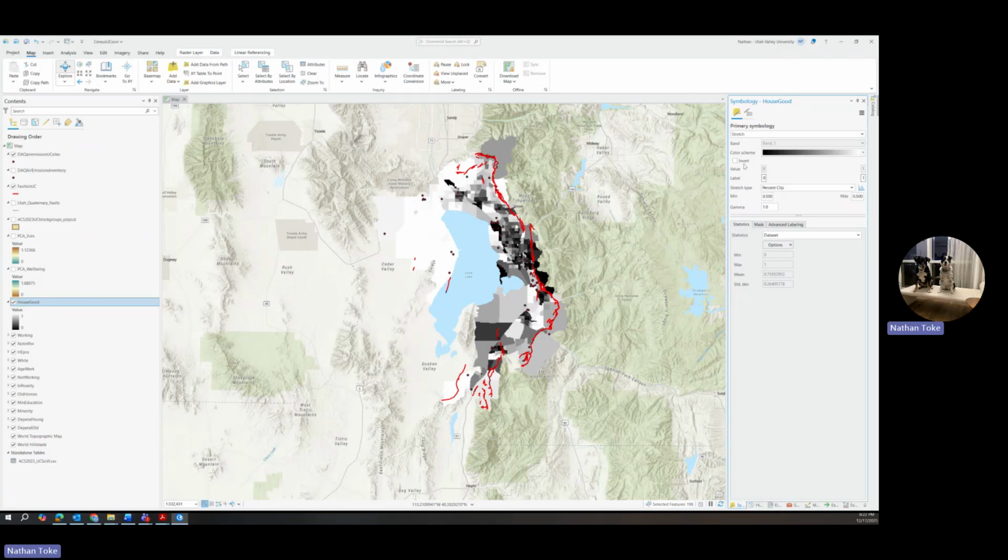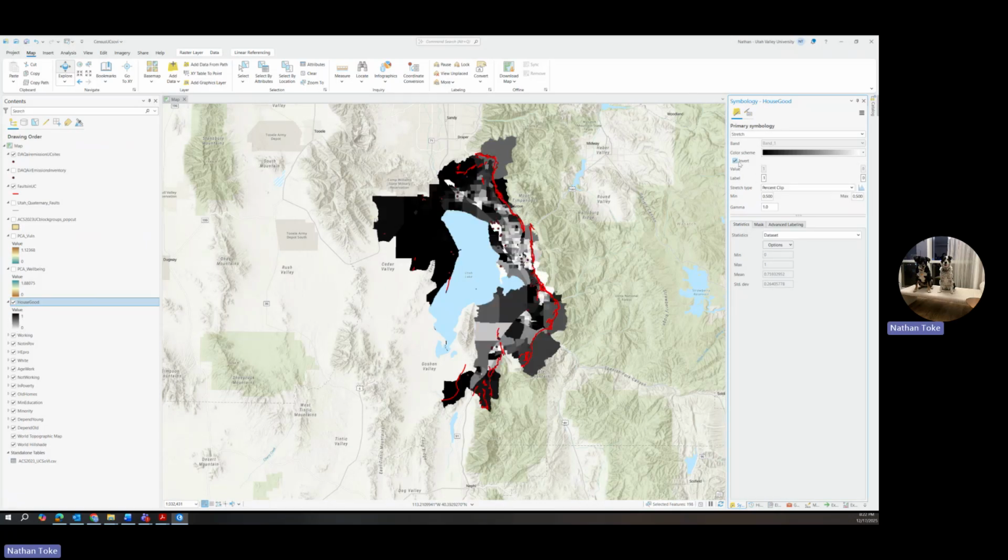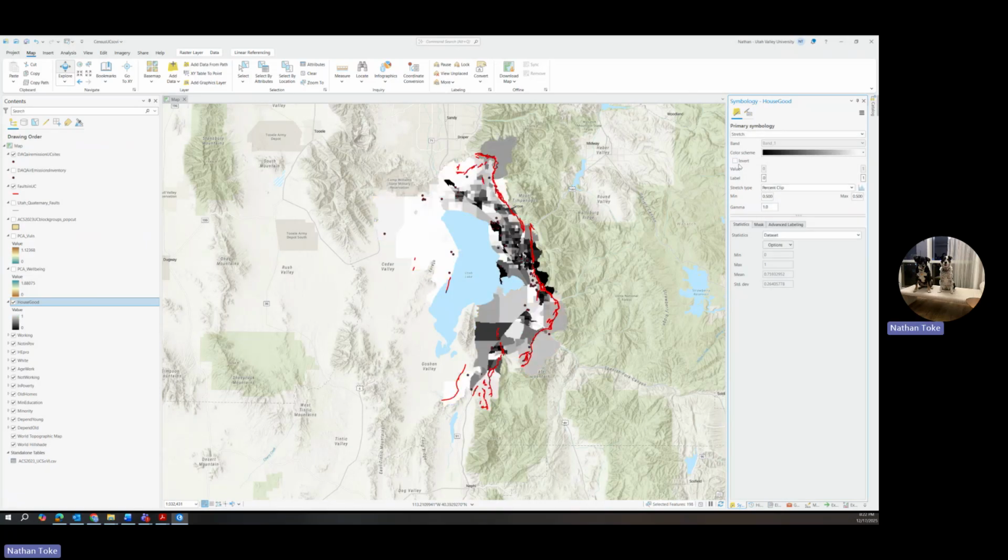The housing good, so housing poor would be on the low side, so that would be old. But we're just looking at areas of young housing here. So I guess, in this case, that would be more of the lighter colors. And so all of those individual metrics from the census were brought in and used in those vulnerability analyses.